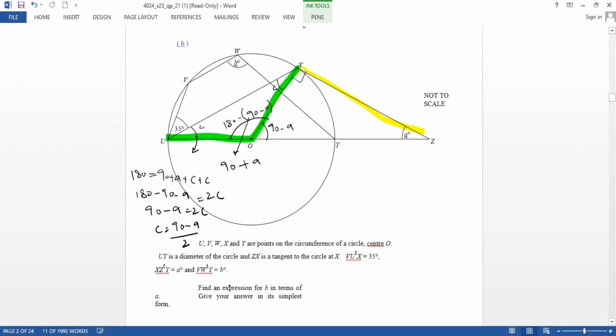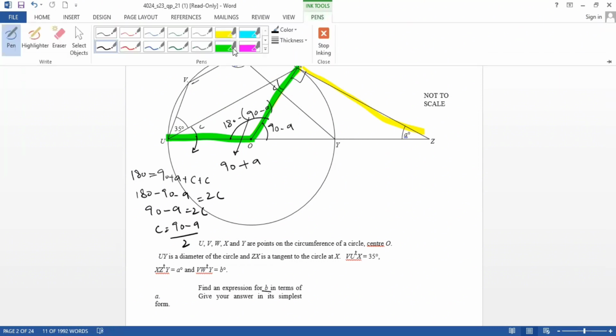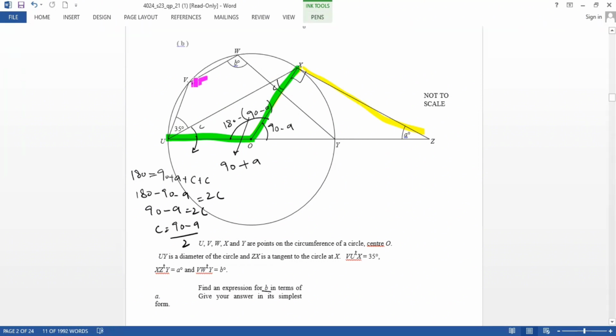So we are required to find the expression for B. As this is the quadrilateral, same.